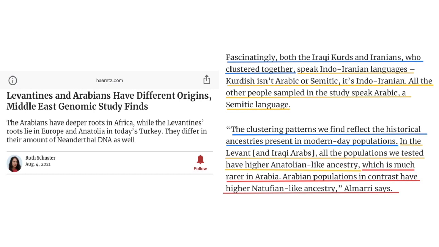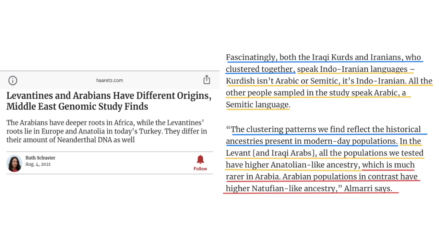Arabian populations, in contrast, have higher Natufian-like ancestry, Al-Mari says. And so, again, we see a clear contrast between two types of people in the Middle East, those with more Anatolian DNA and those with more Natufian DNA. And we see that many of these populations related to Semitic speakers more towards the north have an Iranian origin.